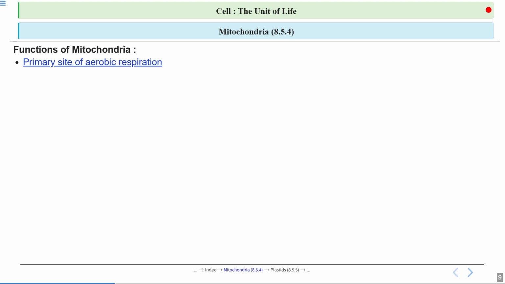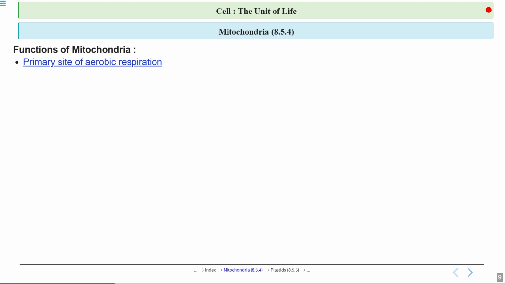First, glucose is broken down into pyruvate through glycolysis, and then pyruvate enters into the Krebs cycle through which energy is generated in the form of ATP. And this ATP is broken down to release energy, and this energy is then used to carry out all the activities like moving. So it is the primary site of aerobic respiration.